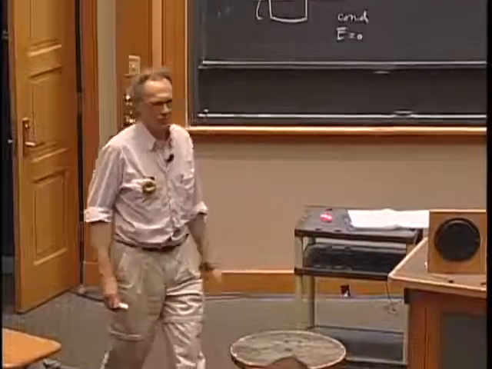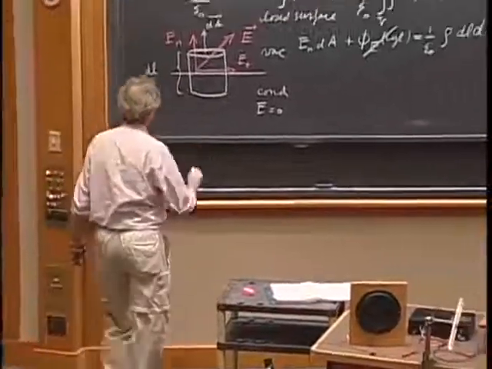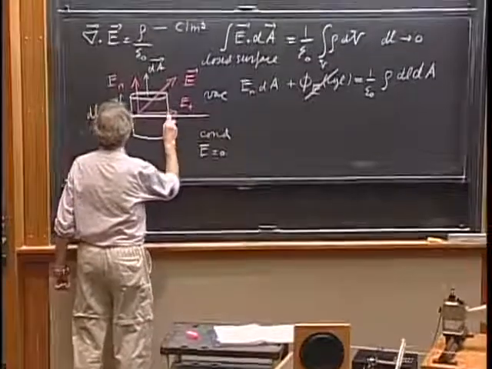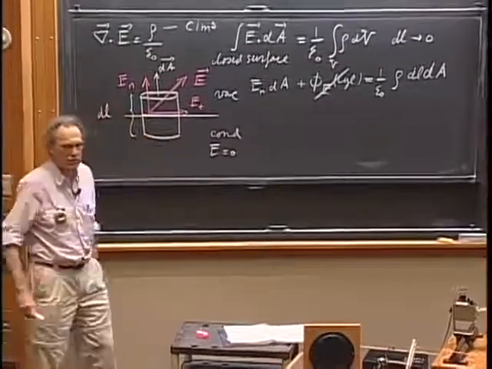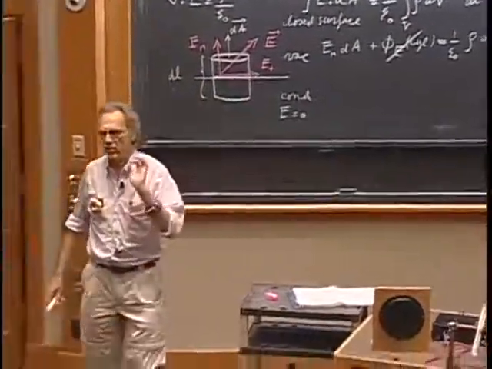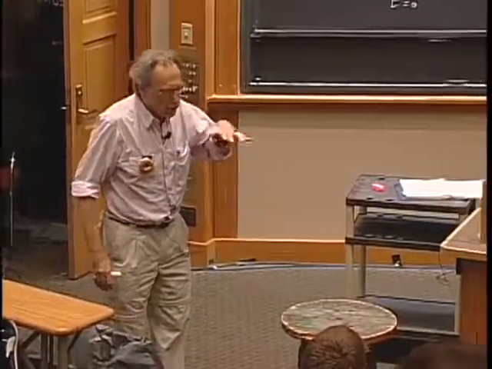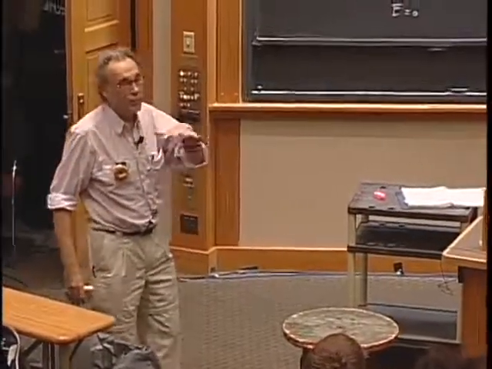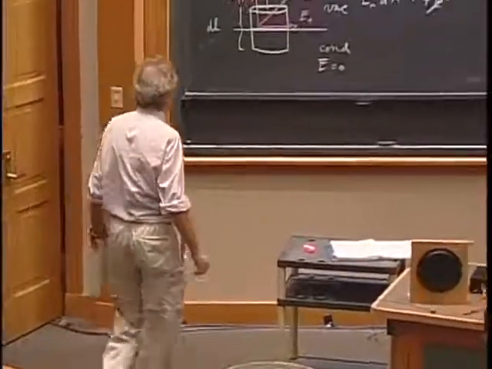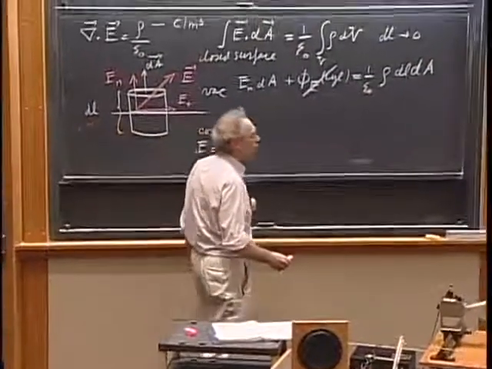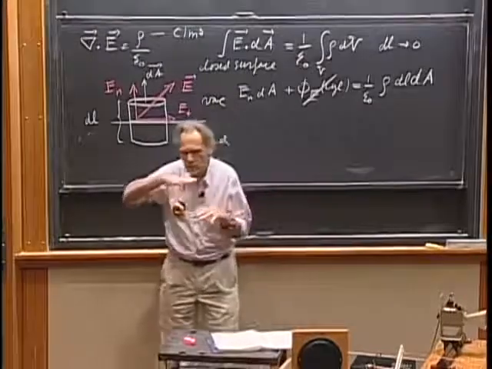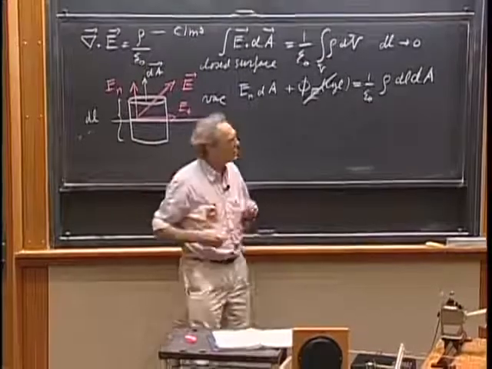But that's not true. Because there can be, and there will be charge right at the surface of a conductor, which is not coulombs per cubic meter, but it is the surface density in coulombs per square meter. Totally different dimension. And that is rho of s, how much charge there is per square meter on that surface.